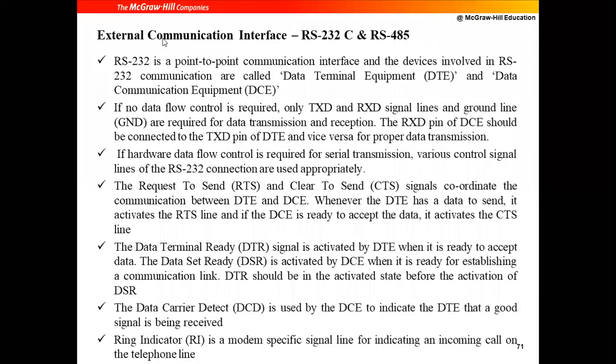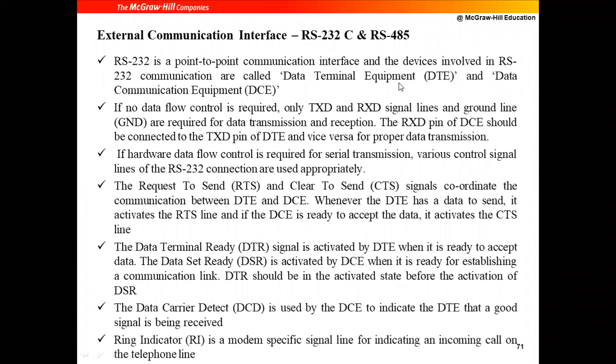So, RS-232 is a point-to-point communication interface. The devices involved in RS-232 are called data terminal equipment and data communication equipment. Remember, it is point-to-point. Point-to-point in the sense that I will have two devices, device 1 and device 2.